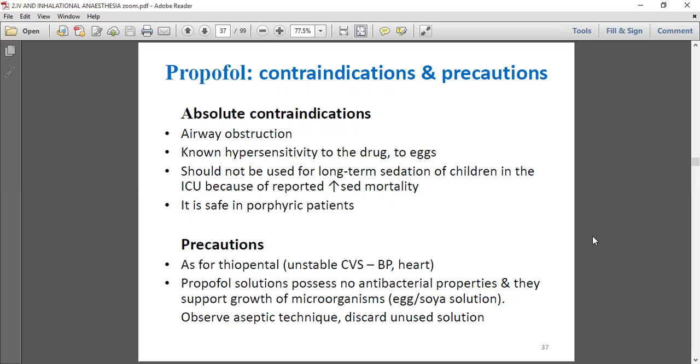Then precautions: you can give it with caution in patients, as for thiopental. Sodium thiopental, in unstable cardiovascular patients and patients with blood pressure problems. Remember, didn't we say it can cause hypotension in patients with undiagnosed hypertension?